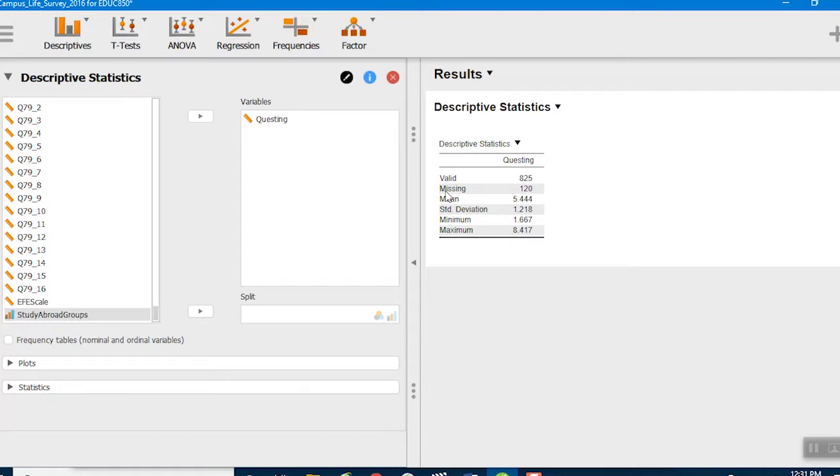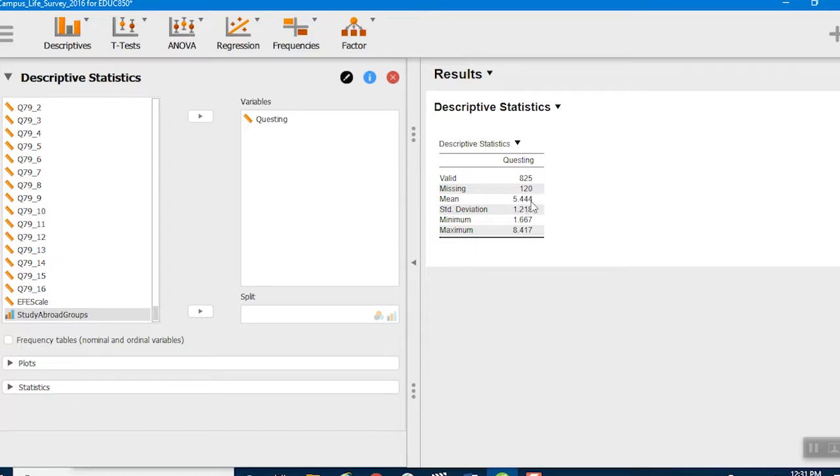When it says valid here of 825, that means we have 825 students who completed everything for this particular scale. And 120 are missing. That is, these are people who might have just completed part of this survey. There are a number of items on the survey.